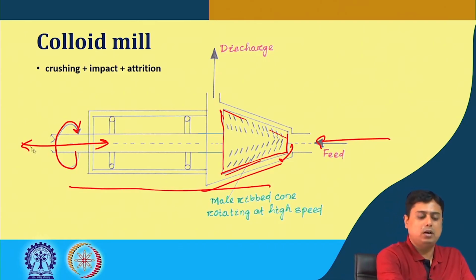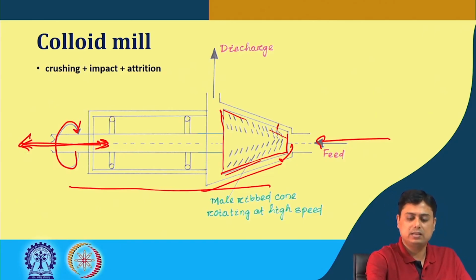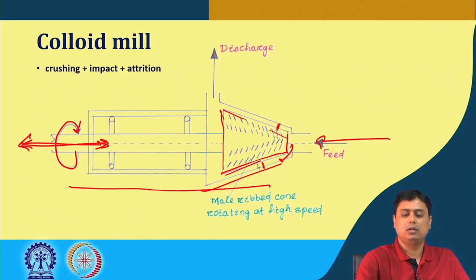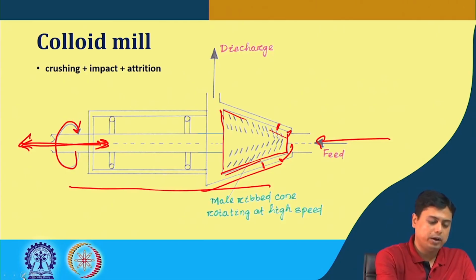By the horizontal movement of this axis or spindle body, we can adjust the gap between this solid wall and the spindle head, and so the product size or its distribution is influenced. So, kind of a male-female body we have here.